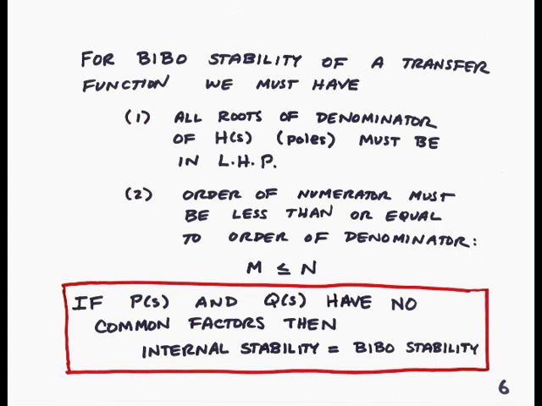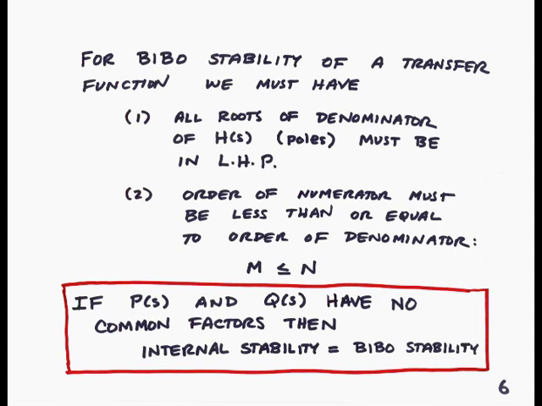The condition for BIBO stability that you'll find in the text by Lathi says the following. We have BIBO stability if all roots of the denominator of the transfer function are in the left half plane and the order of the numerator is less than or equal to the order of the denominator.